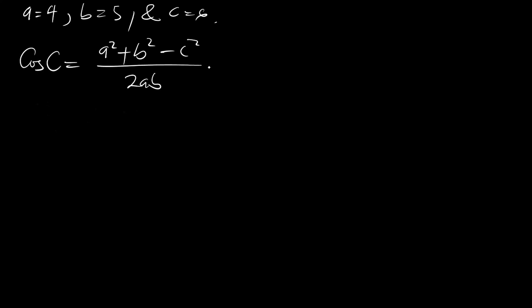Now a is 4, so 4 square plus b is 5 square, minus c is 6 square, divided by 2 times 4 times 5.